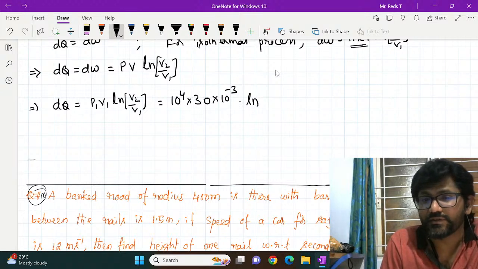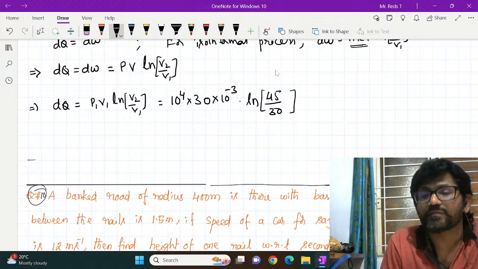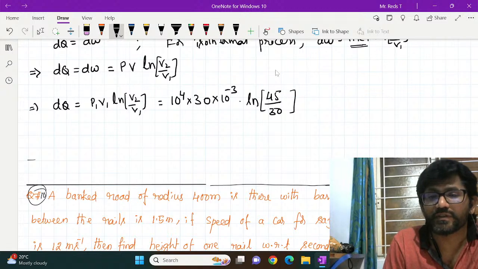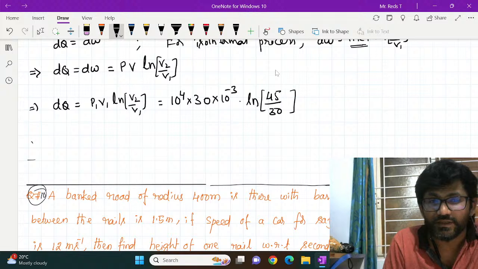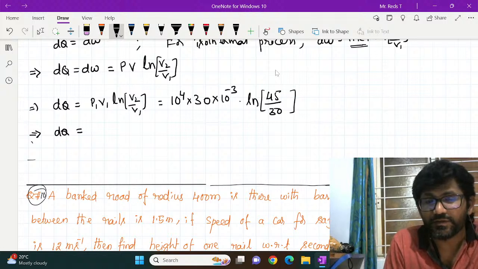V2 is 45 decimeter cube by the initial volume 30 decimeter cube. Decimeter cube gets cancelled anyway. So 45 by 30, 15 threes by 15 twos. If you simplify further, I am simplifying here itself. dq is equal to 30 into 10 power minus 3 into 10 power 4. 30 into 10 power 4 can be written as 3 into 10 power 5.